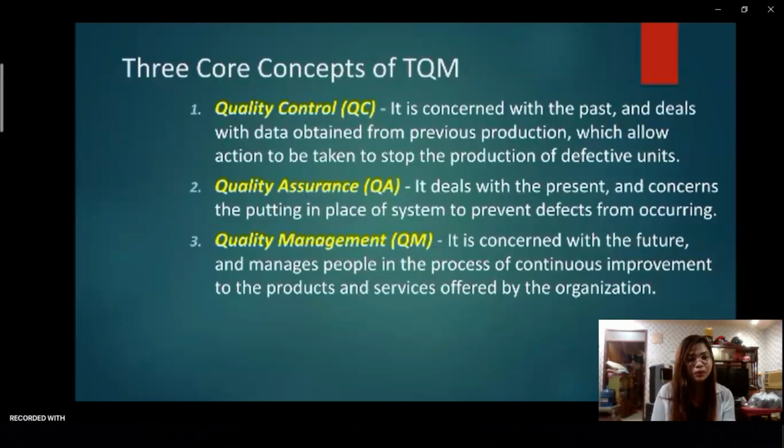They acquire past production data and study it in order to avoid producing defective units again. Second is quality assurance. They see to it that all present production in the system is free from defects. Lastly is quality management. It is more concerned with the future outcomes of how they manage the process of improvements in the product.